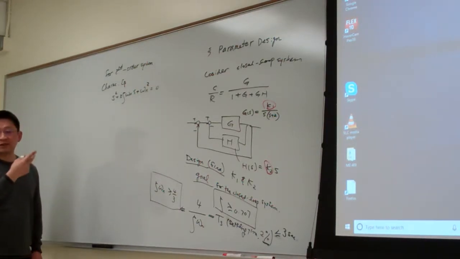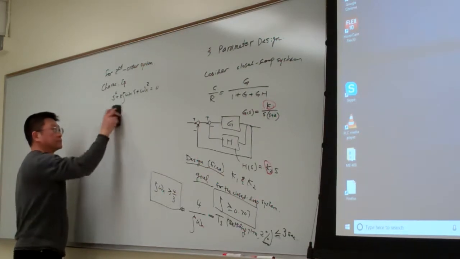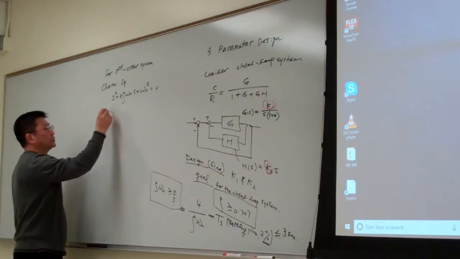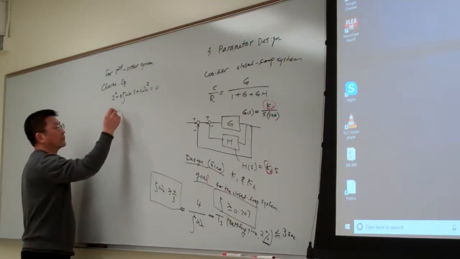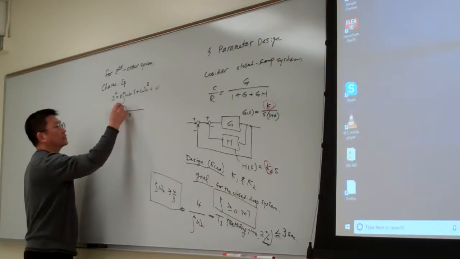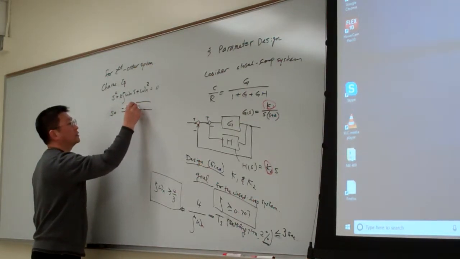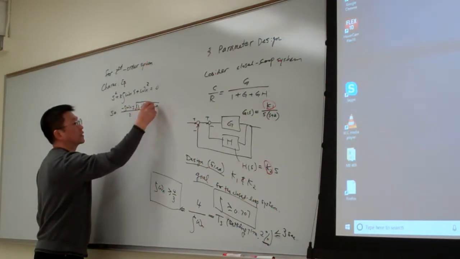We have this kind of format. So the root s equals minus b plus minus the square root of b squared minus 4ac over 2a. Here I do the calculations, minus 4 omega n squared.